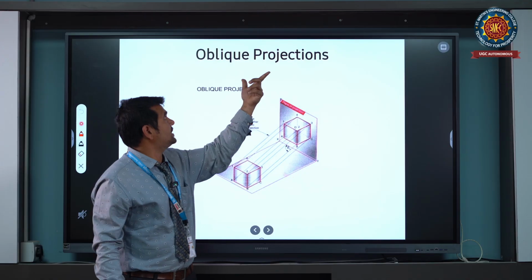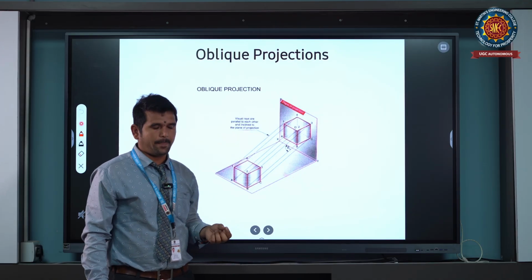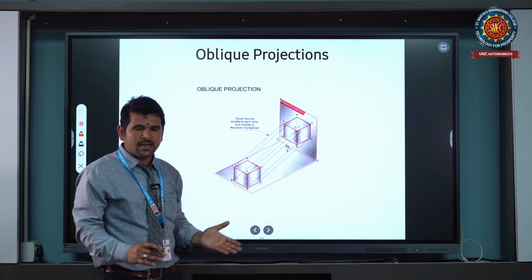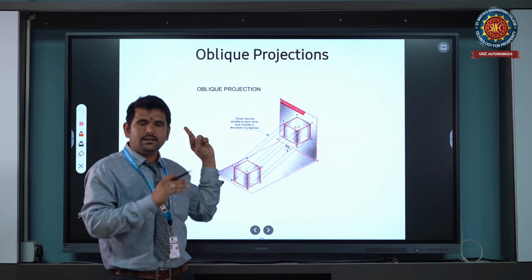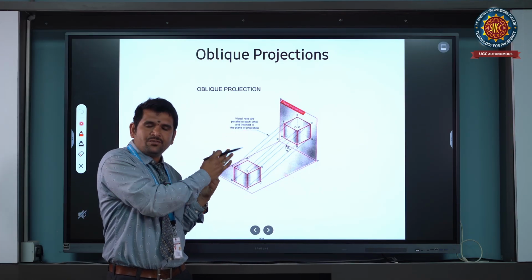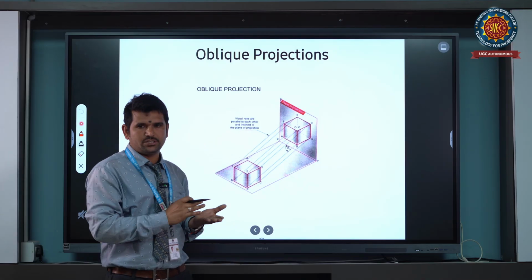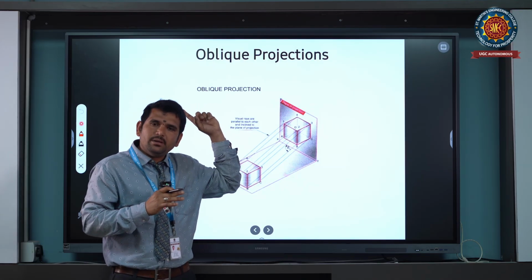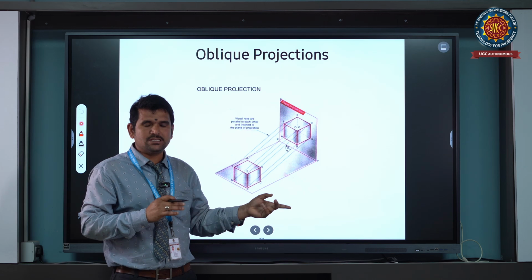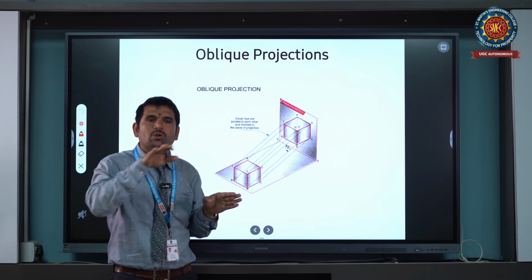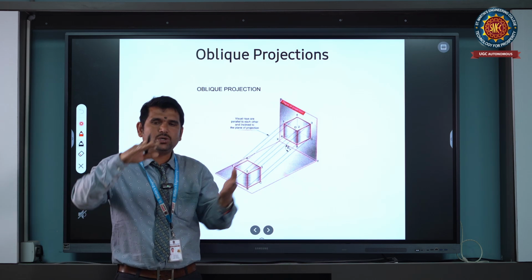Another method is the oblique projection. Here is the difference between orthographic and oblique projections. In orthographic projection, the projecting lines are always parallel to each other.